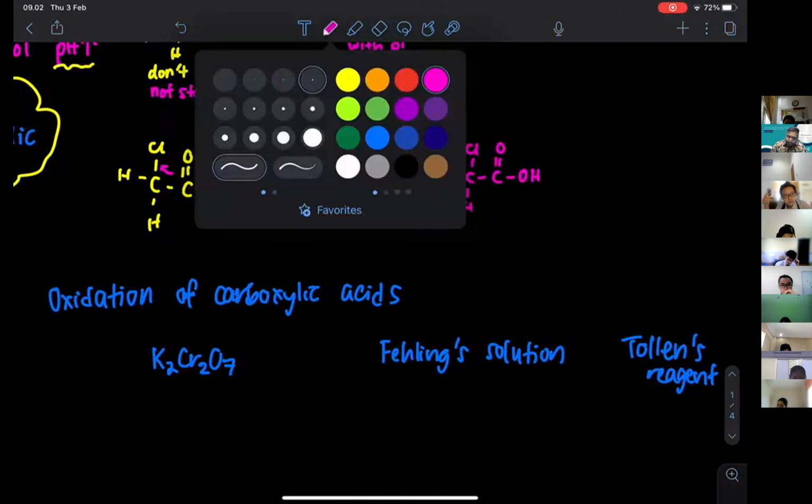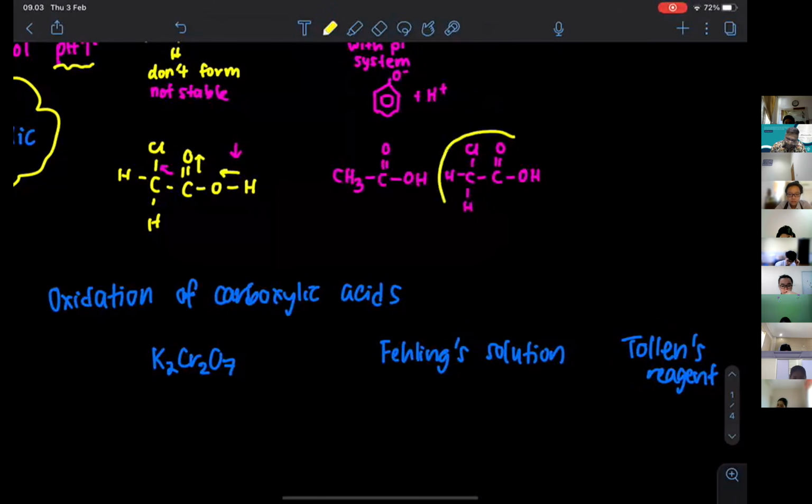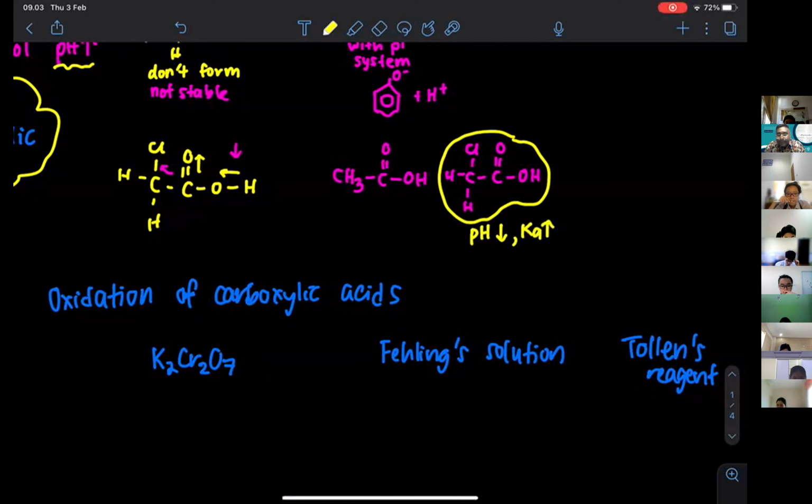This particular carboxylic acid, the pH is going to be lower, or you can say the Ka is going to be greater, or pKa is going to be lower. So in simple terms, it's going to become more acidic than the normal carboxylic acid.